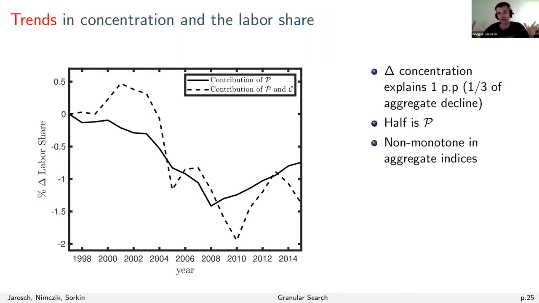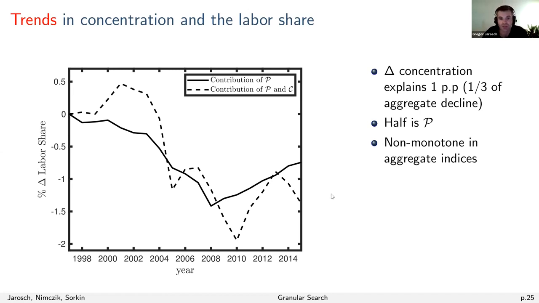And then a second exercise: instead of rolling things all the way down to zero, we roll it back in time, and that allows us to assess to which extent the evolution of concentration in the Austrian labor market has contributed to the decline in the labor share.